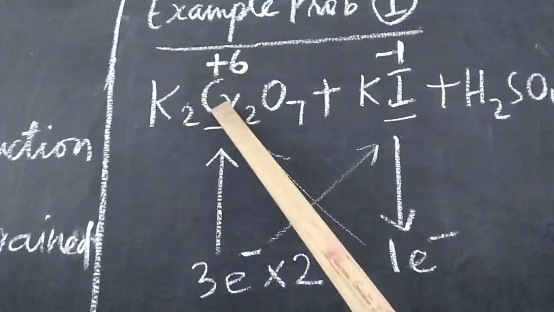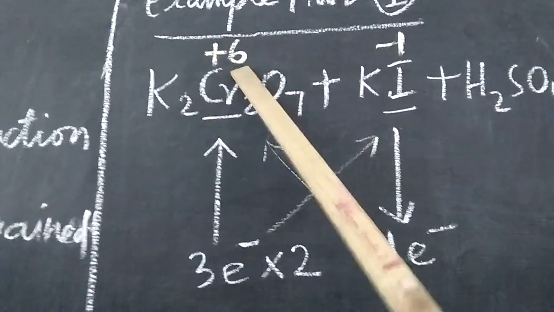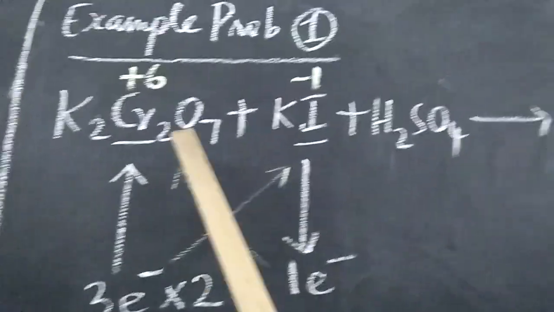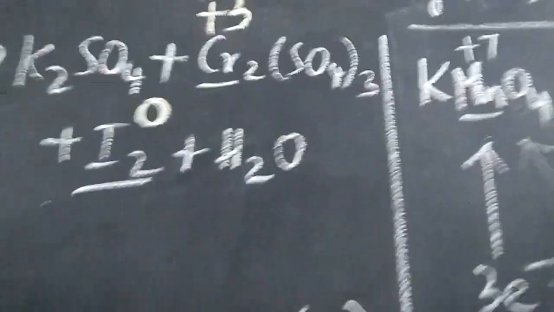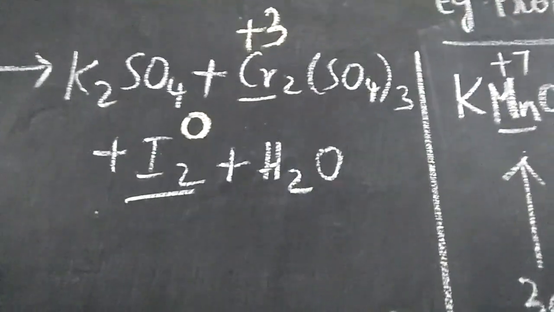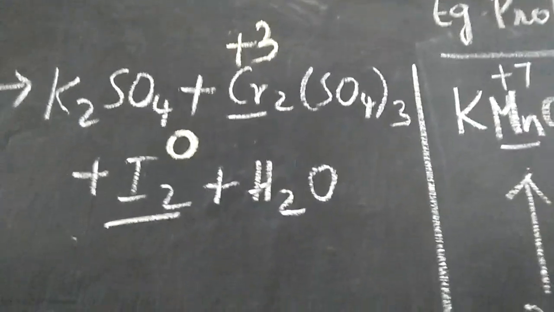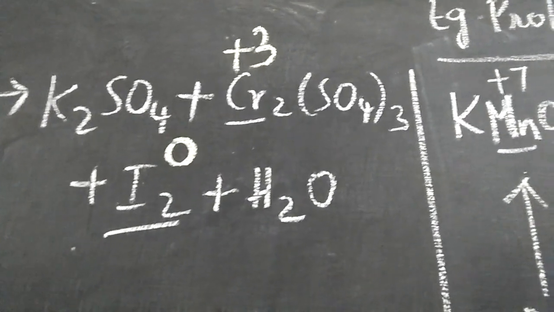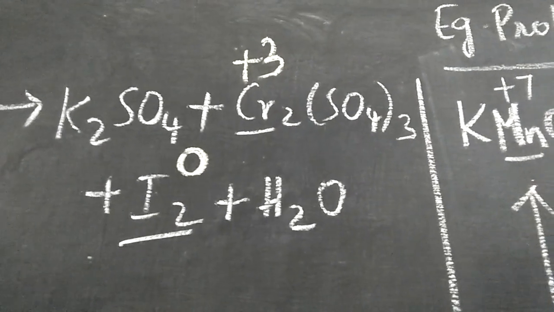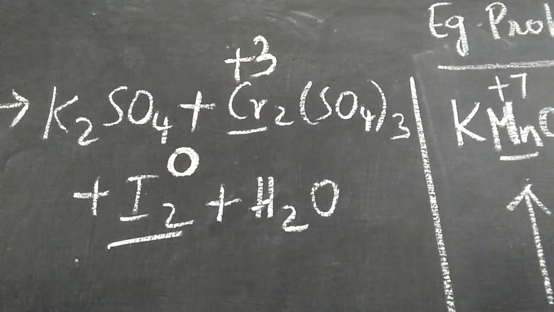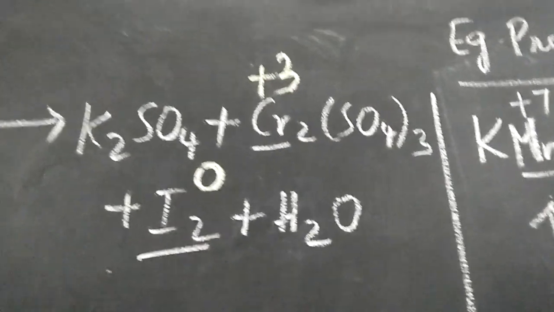So here chromium, the oxidation number is +6. We have done that. On the product side, just see chromic sulfate. Sulfate is a radical which carries a charge of -2. 3 sulfate radicals will have 3 into -2, which becomes -6. 2 Cr is equal to +6, so 1 Cr will be equal to +3.